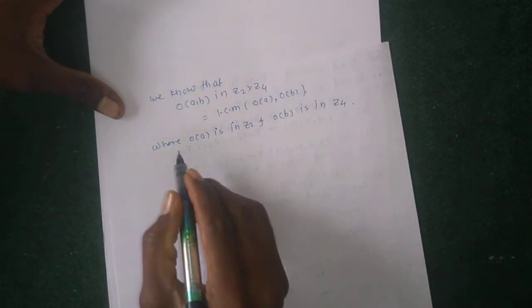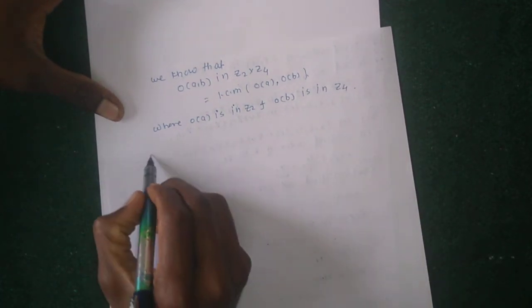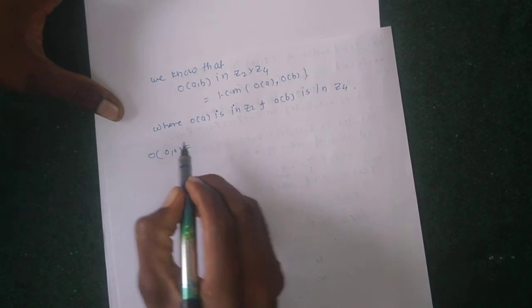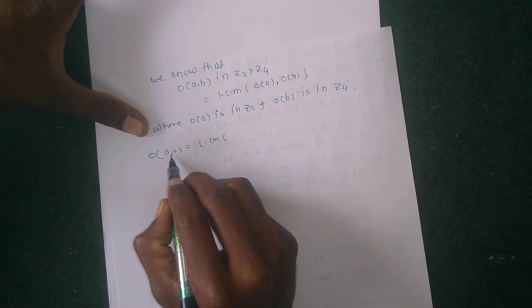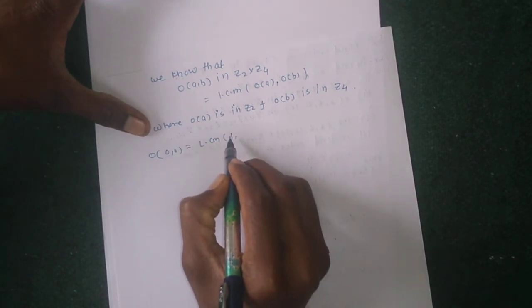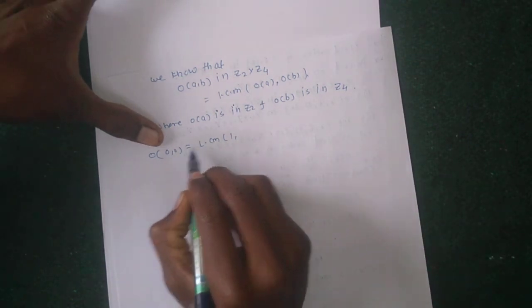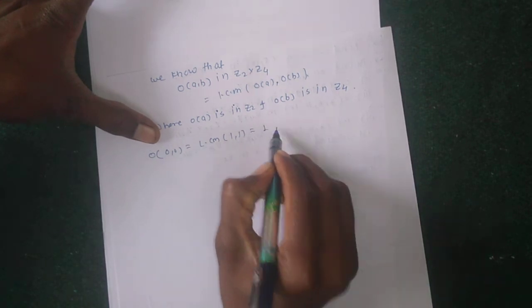Okay, so the order of the first element (0,0) is the LCM of the order of 0 in Z2, which is 1, and the order of 0 in Z4, which is also 1. Their LCM is 1.